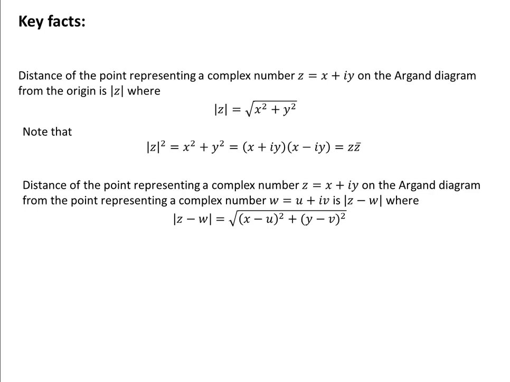Now, from our earlier observation, we can also say that the modulus of z minus w squared is the same thing as z minus w times the conjugate of z minus w, and the conjugate of z minus w is simply the conjugate of z minus the conjugate of w.